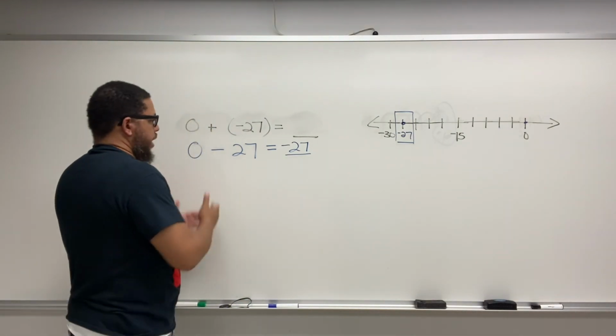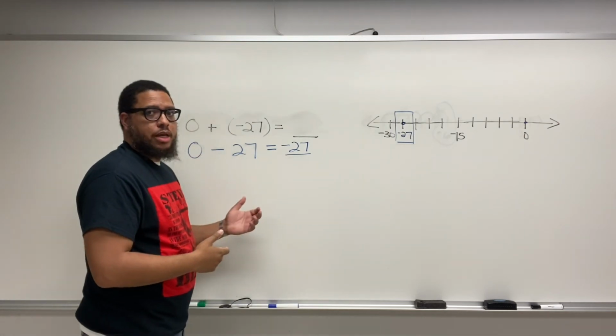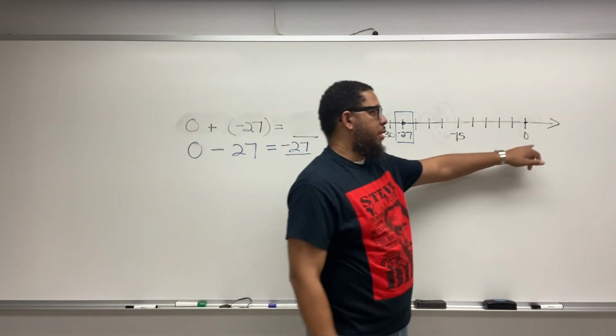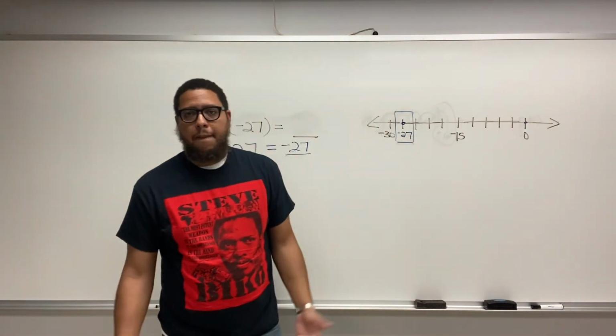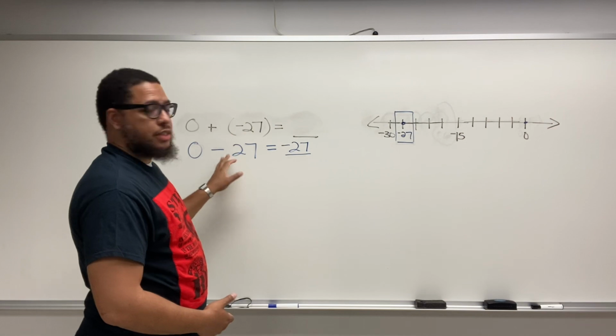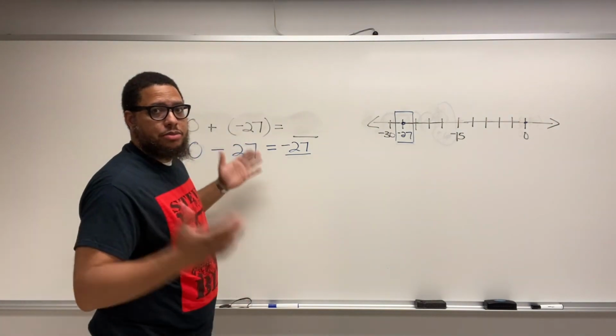So now you're just looking at 0 minus 27. If I start at 0 and take away 27, think about it on the number line: I start at 0, go 27 spaces to the left, and stop at -27. That's really all it is. So that's the major takeaway. Plus a negative is the same thing as subtraction.